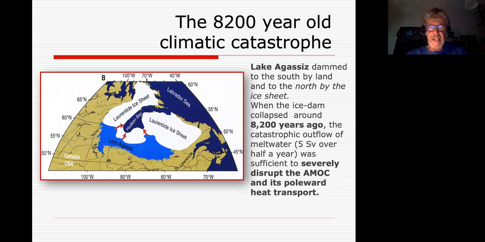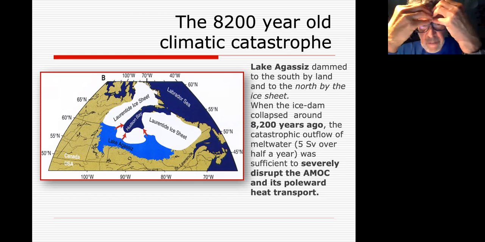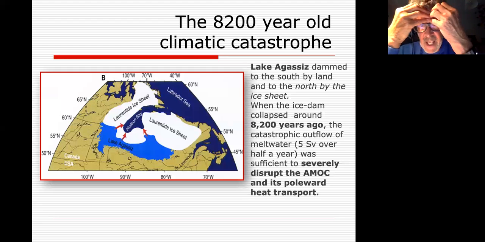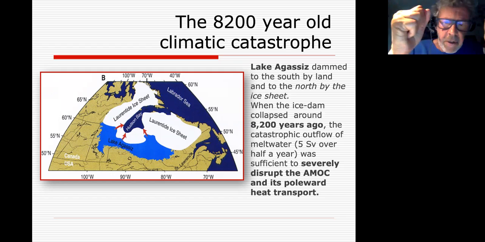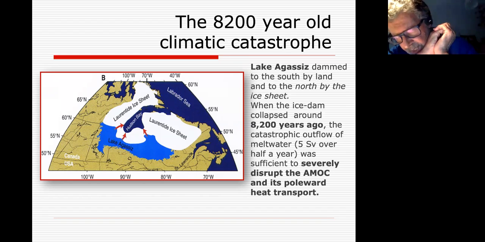A catastrophic outflow of meltwater covered all the Labrador Sea, and about half a year was sufficient to severely disrupt the AMOC and its poleward heat transport. The record of that has been found in climatology.